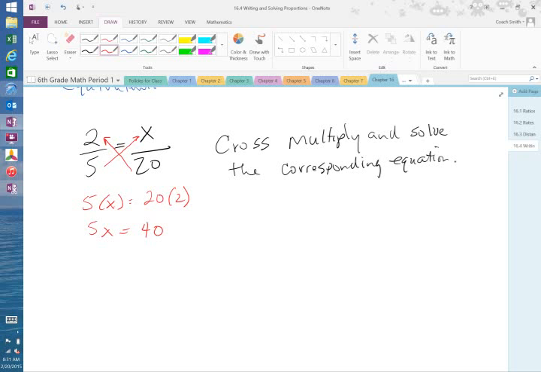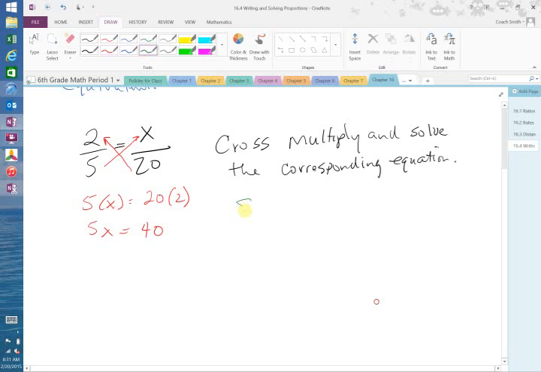40 into 5? Well, which one? Those are two different things. 5 into 40. The reason it's 5 into 40 is because what are we multiplying by in the problem? 5. We're taking 5 times x.